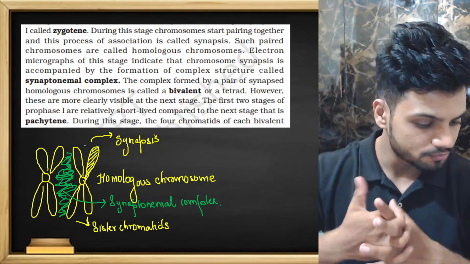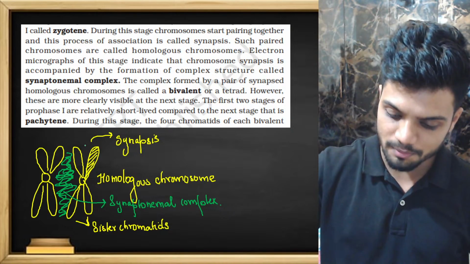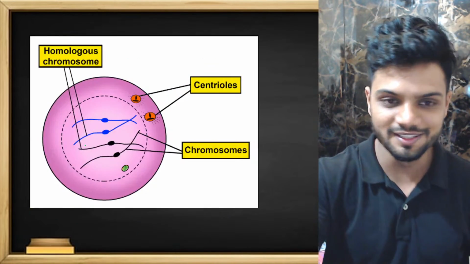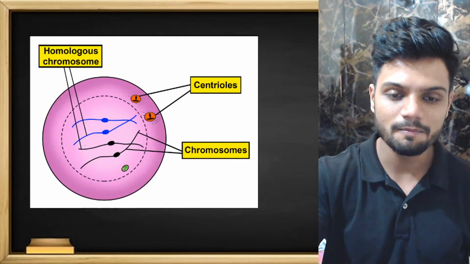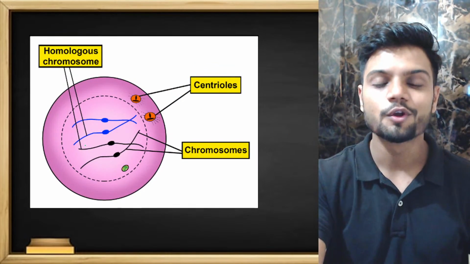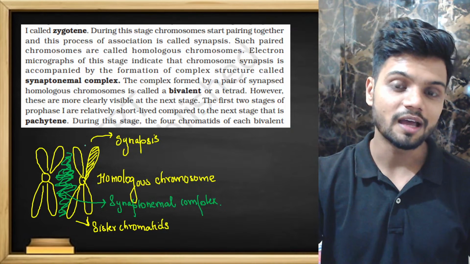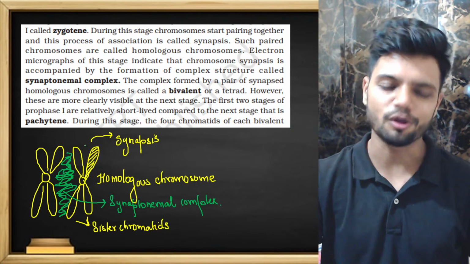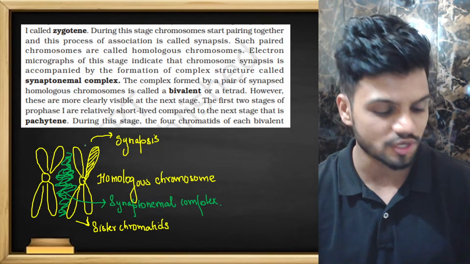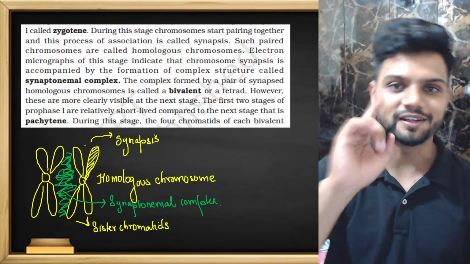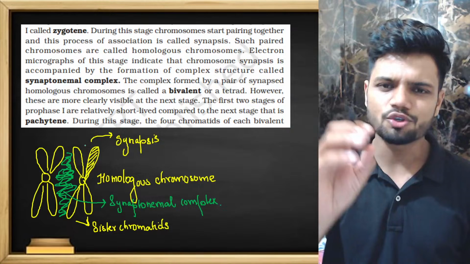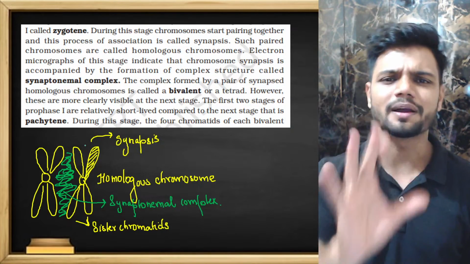Quickly, how many of you know? Simple question. What is telomere? What is centromere? What is centrosome? What is centriole? If you do not know, I will tell it towards the end. Very easy it is. I will show you with the help of a diagram. You will never forget. You don't have to learn all this by heart.